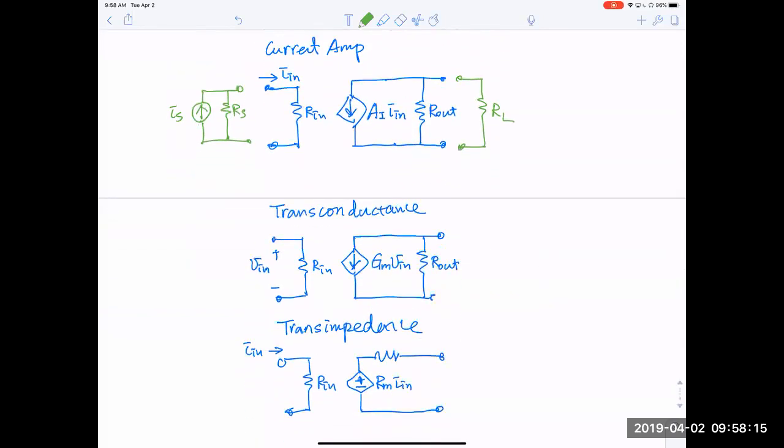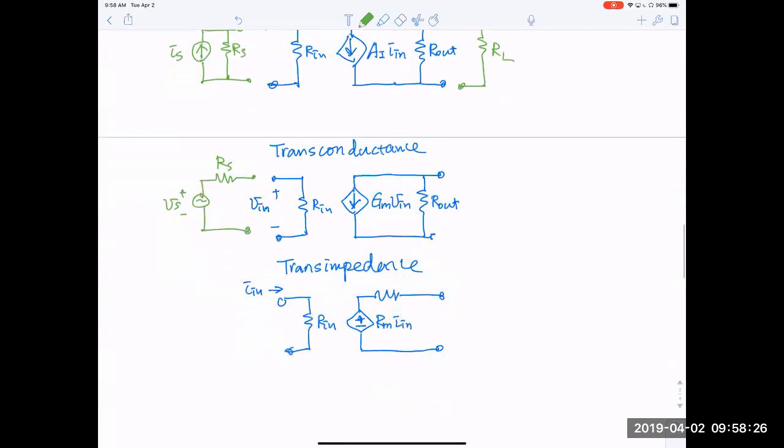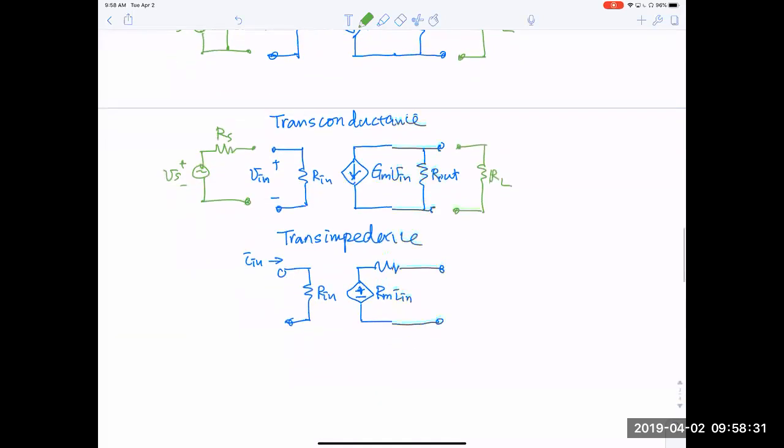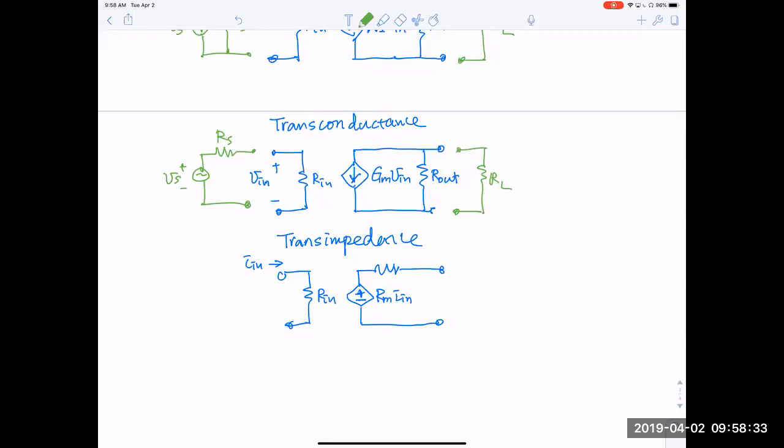Similarly for transconductance, we'll be feeding it with RS and VS, and the output will be RL. And for transimpedance, again, we represent it by a Norton equivalent circuit, RS and IS, driving a load RL.